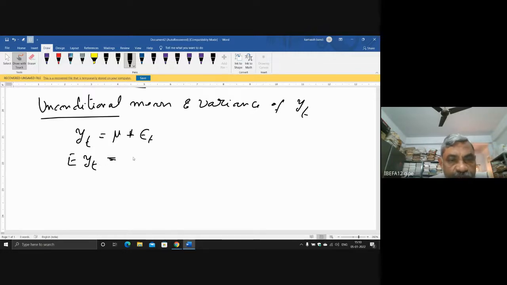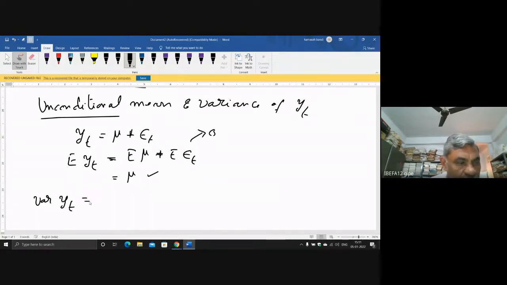This is the unconditional mean: expectation of mu plus expectation of epsilon t. What about the expectation of epsilon t? This is 0. And the expectation of mu is mu itself. So therefore the unconditional mean of yt is mu itself. Whereas the unconditional variance of yt equals the variance of epsilon t, because the variance of mu is 0 as this is a constant. So the variance of yt is the same as the variance of epsilon t.